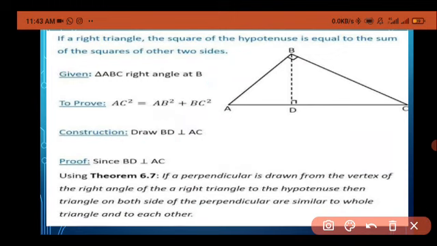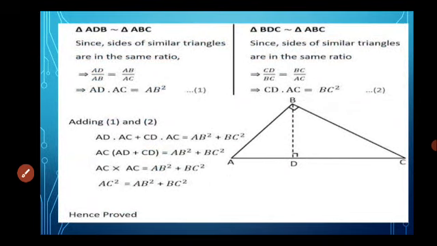Using theorem 6.7 which we have studied already, if a perpendicular is drawn from the vertex of the right angle of a right triangle to the hypotenuse, then the triangles on both sides of the perpendicular are similar to the whole triangle and to each other also.